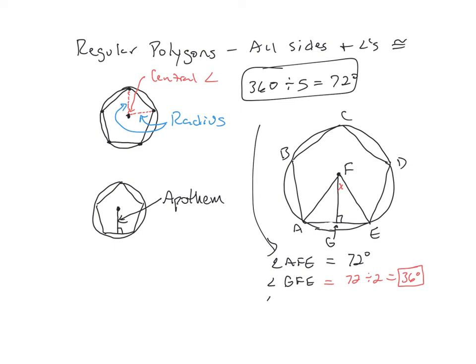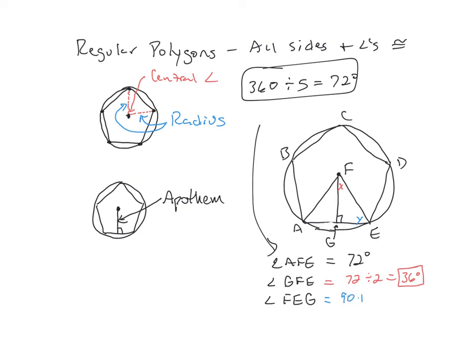All right, so then it's going to say find angle FEG. So now I'm talking about that one. Well, I know that this is a right angle because it's labeled. And then I know what X is, that's GFE, that's the 36.